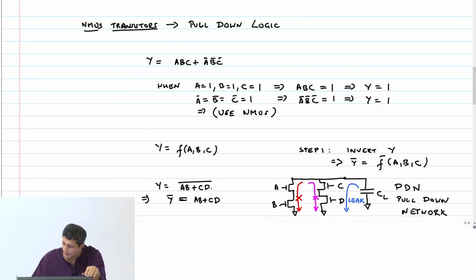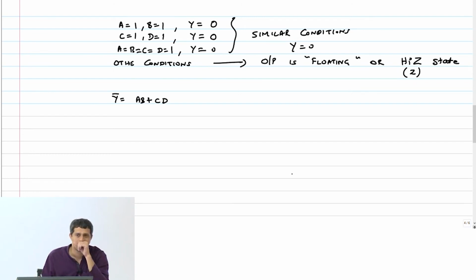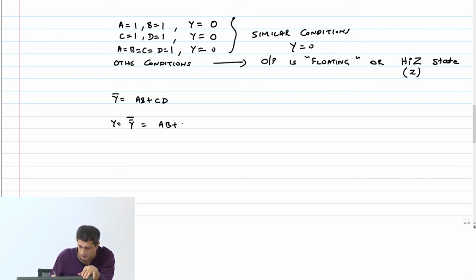So what do you do there? Y bar equal to AB plus CD, right? So if I now complement this, the output that was supposed to go 0 will go high, right? So now I will write Y equal to Y bar whole bar, which is basically our original function, right?